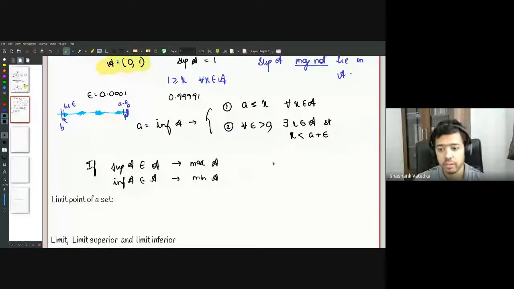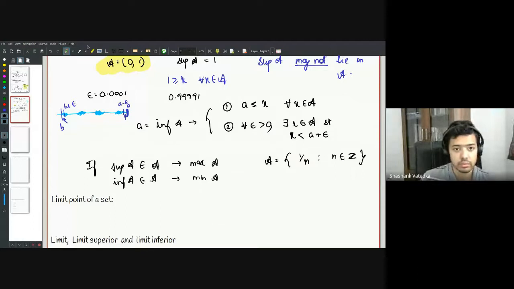So for example, let us define the set to be the set of all 2 to the n, where n is in the set of integers. So what is the supremum?